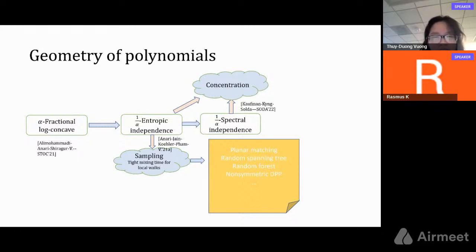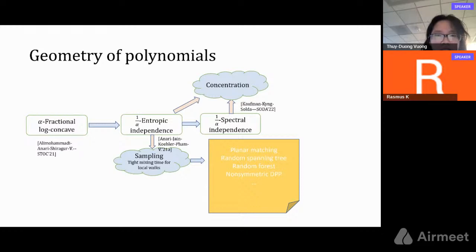And then the concrete applications of entropy independence include counting matroid bases, linear time generating random spanning trees or random forests of a graph, and also something called non-symmetric determinantal point processes. So yeah, I just bring up a bunch of applications here to see if it rings a bell.